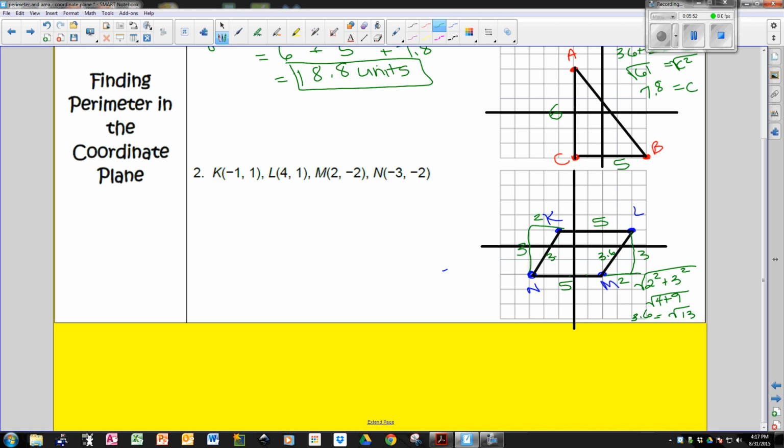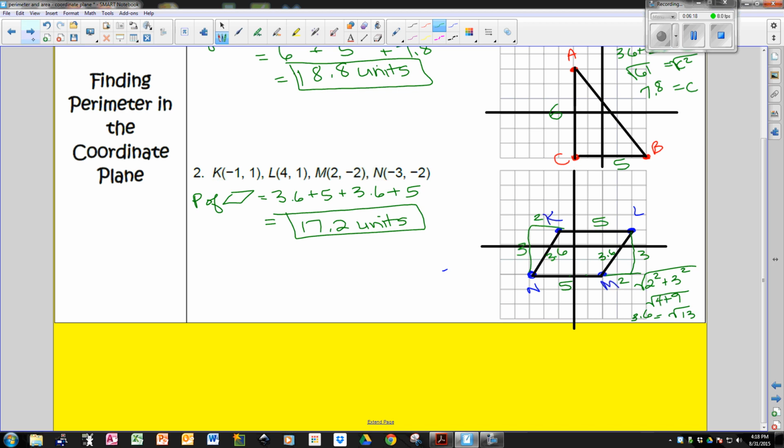So this would be 3.6 also. So the perimeter of the quadrilateral is 3.6 plus 5 plus 3.6 plus 5, giving me a total of 17.2 units.